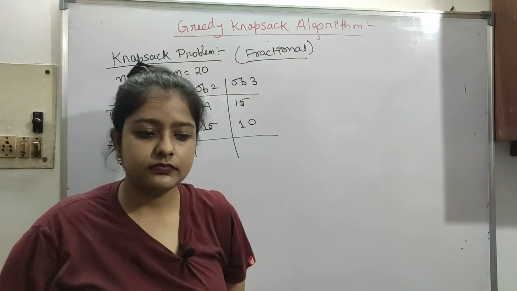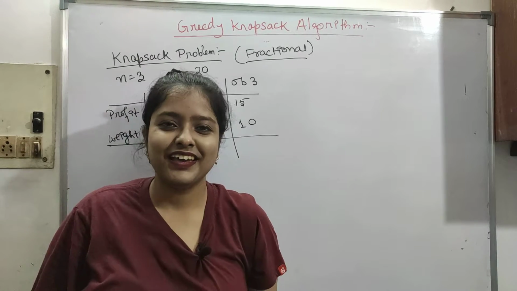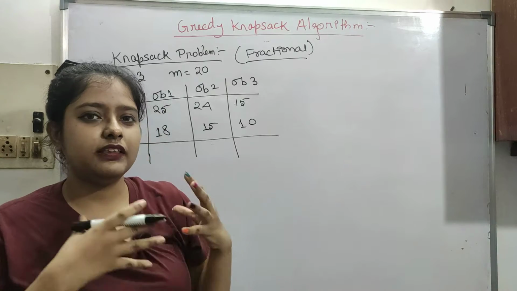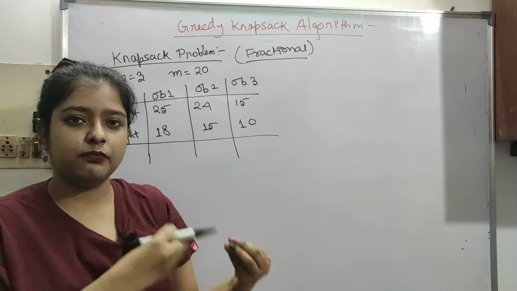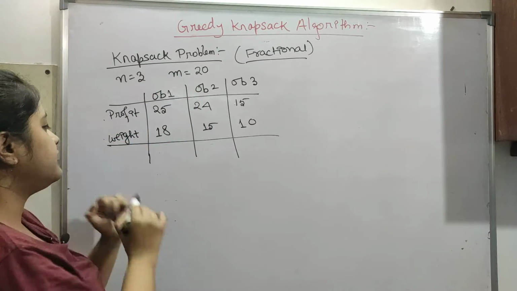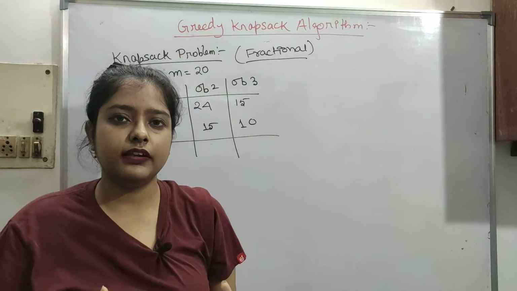So let's say a thief enters your house and wants to take the maximum amount of profit from your home. Here there are two points: profit and weight. So how can he get the maximum profit?